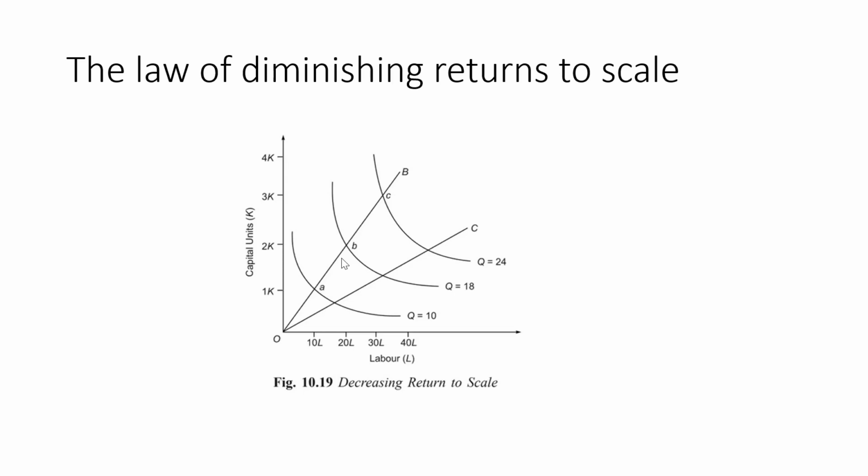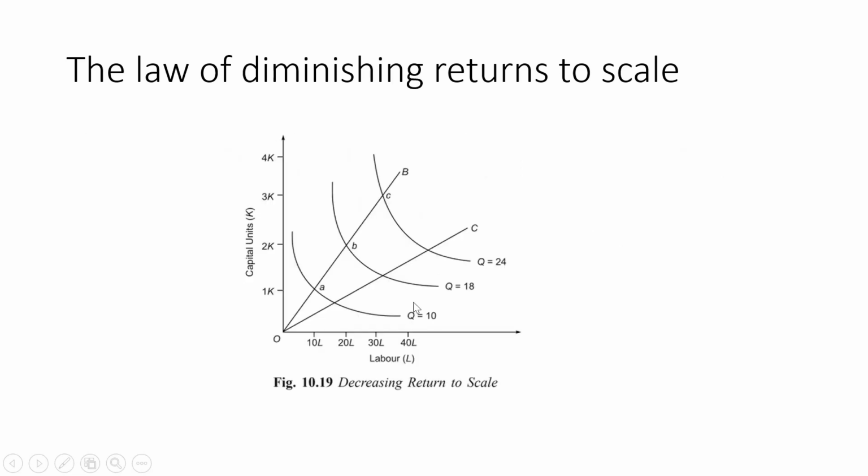The other law of returns to scale is diminishing returns to scale, whereby a proportionate increase in inputs leads to a less than proportionate increase in output. For example, when we look at these curves, we have an increase in capital from 1K to 2K and an increase in labor from 10K to 20K.